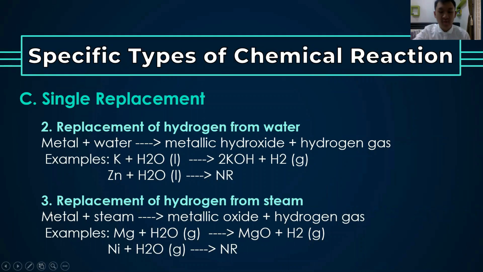Third is replacement of hydrogen from steam. Metal plus steam yields metallic oxide plus hydrogen gas. Examples include Mg plus H2O yields MgO plus H2. Also, nickel plus water in gaseous form yields no reaction.